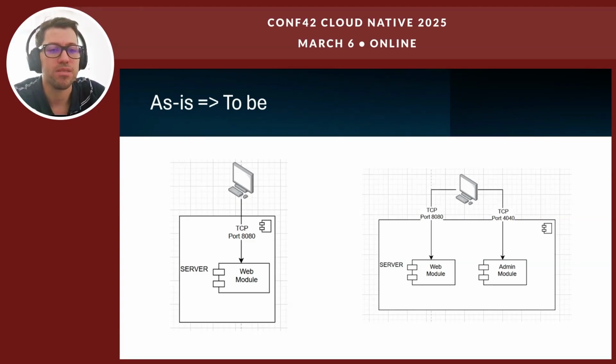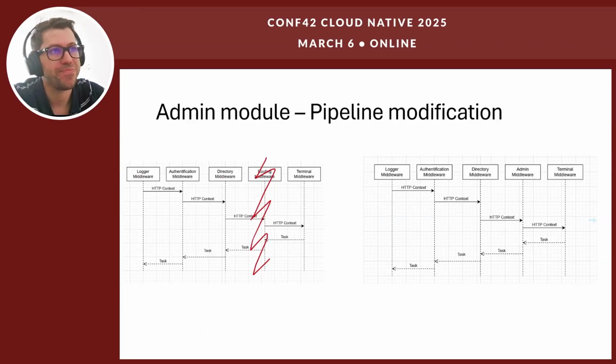Again, the port is just an example. So each module will listen on its own port and be completely independent of the other. That means we can run one without running the other. So don't worry, we will reuse what we already did in the first web module. We will just need to make a few adjustments.